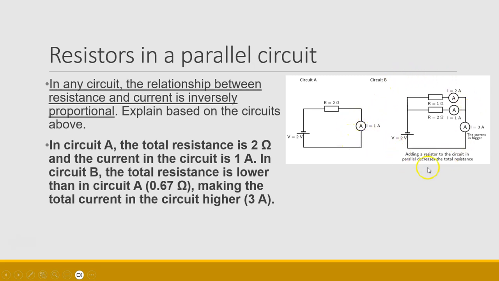But in circuit B, the total resistance has gone down. So it's gone from 2 ohms in circuit A to 0.67 ohms in circuit B. And so when the resistance went down, the current went up. So that shows us that the relationship between resistance and current is inversely proportional.